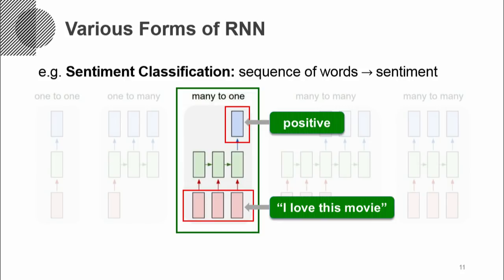So given this input, it will take the input as I, love, this, movie and so on at every time step, and then at the end, it will generate the label of positive sentiment. And if the input sequence changes in this form, then at the end, it will generate a single output of a negative sentiment.